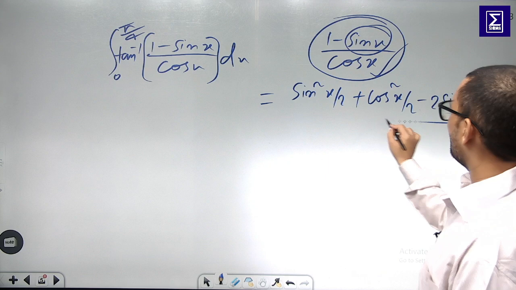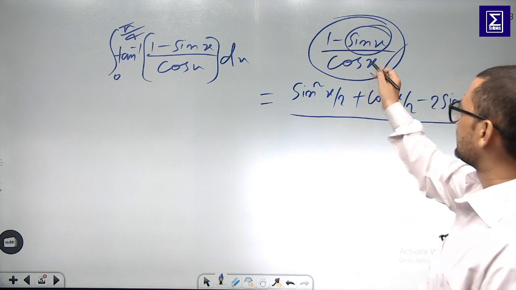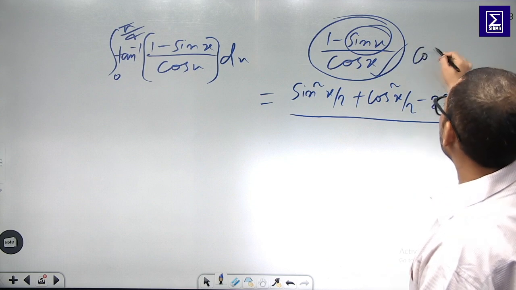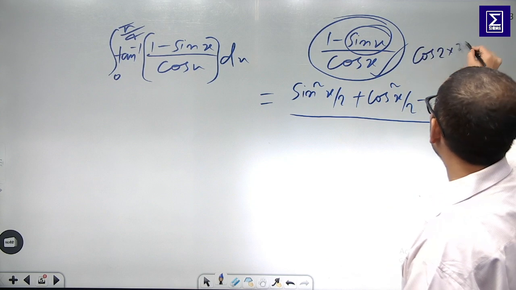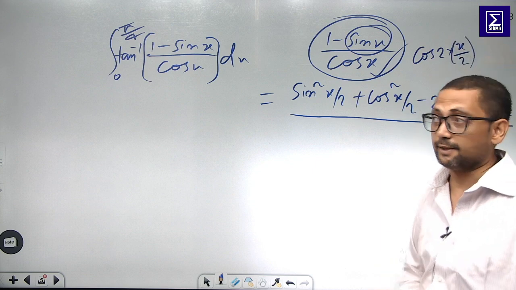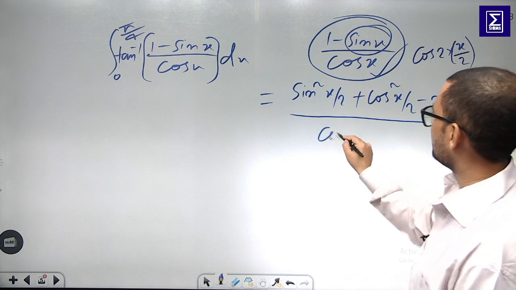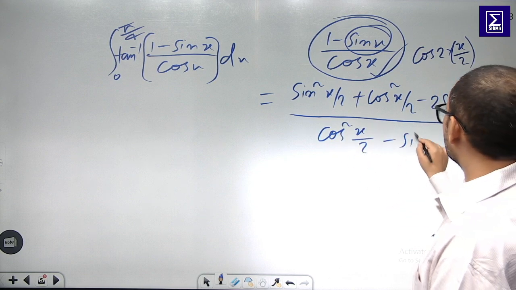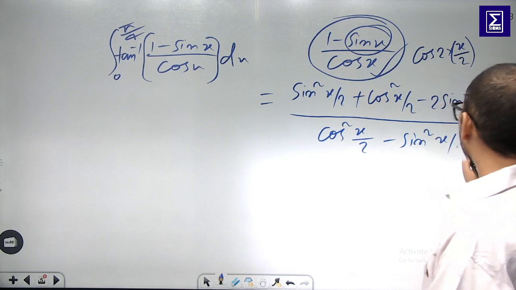And cos x can be written as cos 2 times x over 2. So cos 2x, we know, is cos square x minus sine square x. So it would be cos square x over 2 minus sine square x over 2.